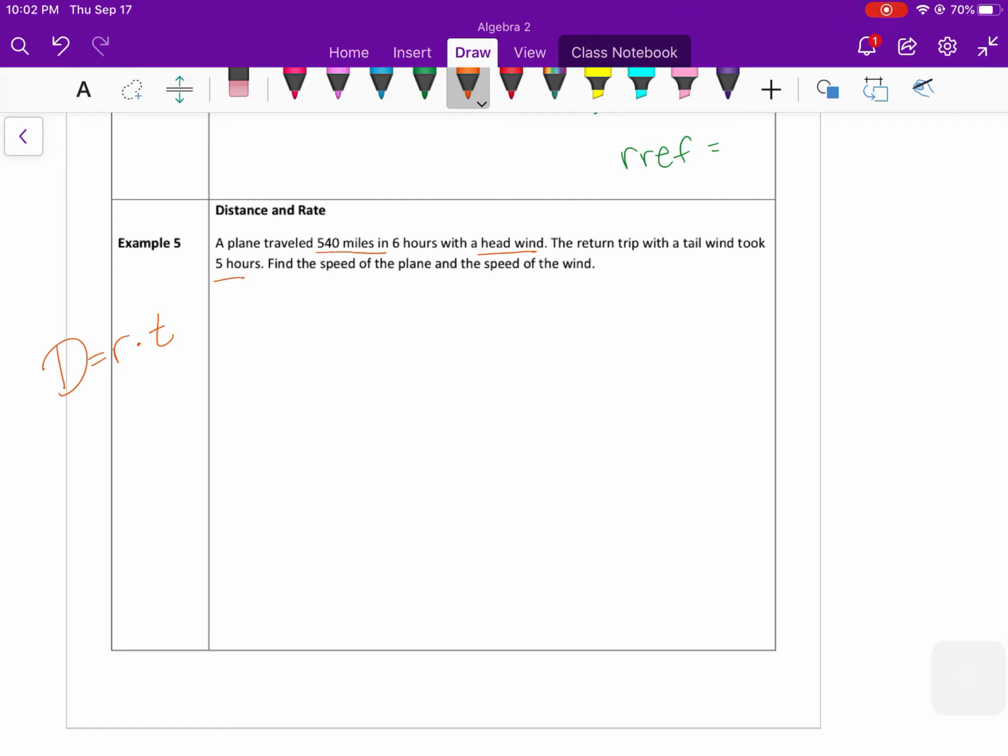So if I know 540 miles in 6 hours, I can figure out the rate by taking the distance and dividing it by the time. So basically, you want to solve for the speed of the plane. So let's let x equal the speed of the plane, and y equal the speed of the wind.